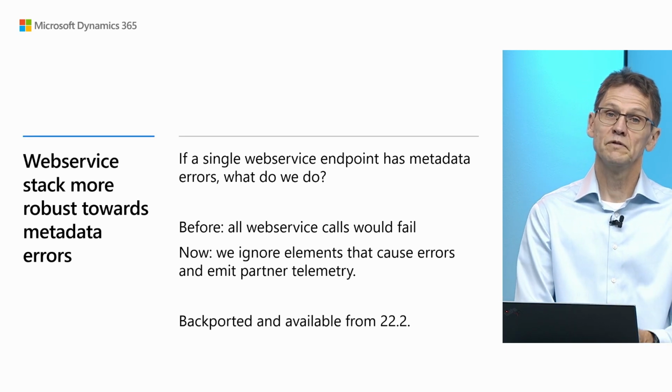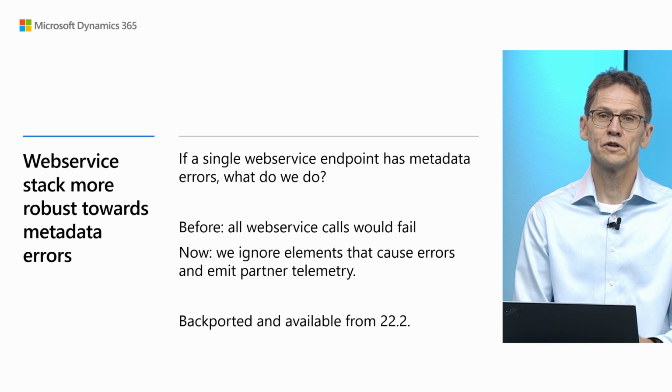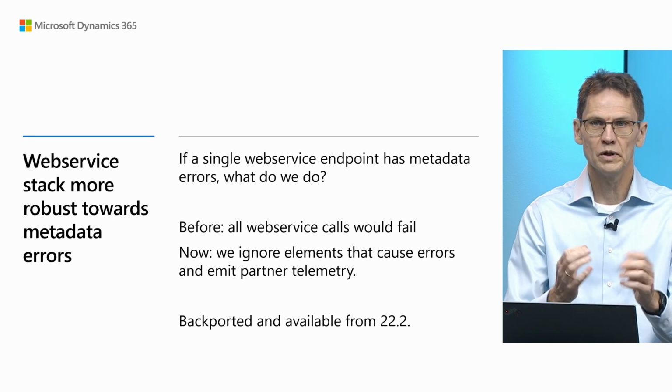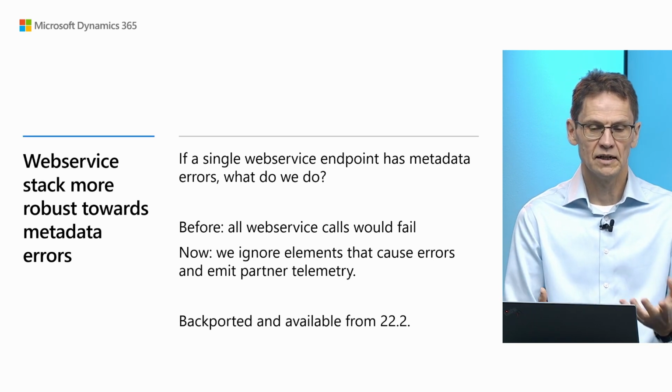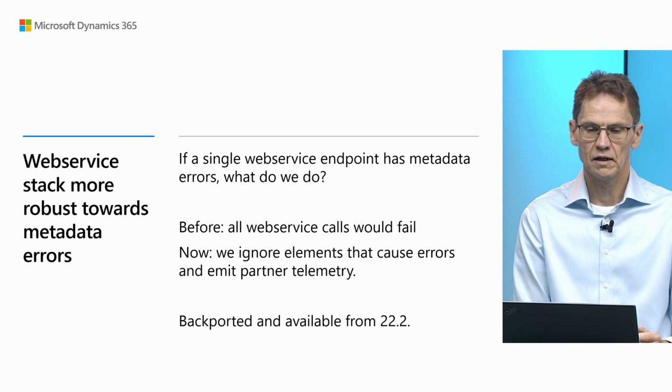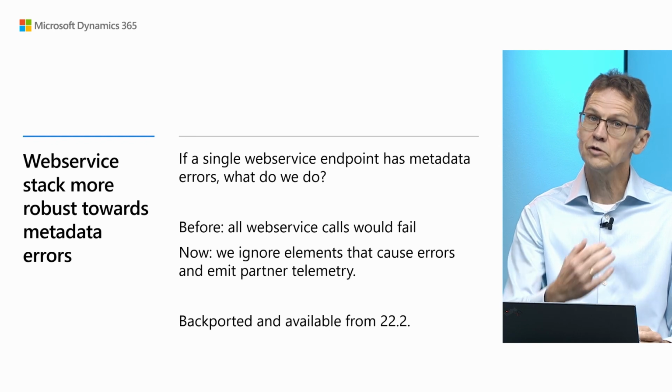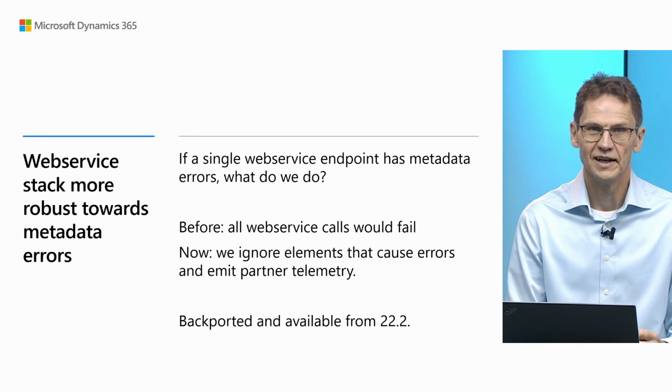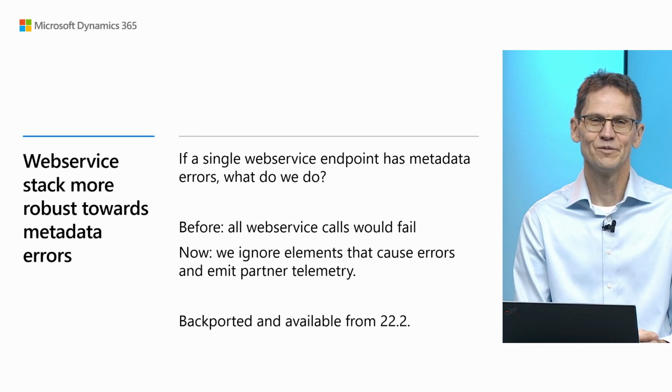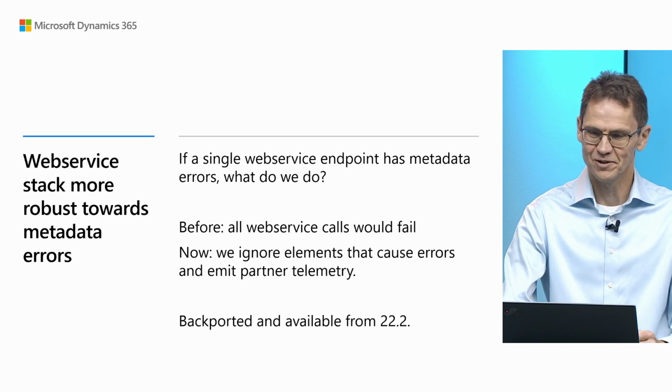Before, it would be very obvious, at least for the customer, that something was wrong because all web services would fail. Now the one that causes the failure is ignored and we emit partner telemetry. So you shouldn't rely on your customer calling you anymore. You should rely on telemetry instead. And I think that's a much better story.